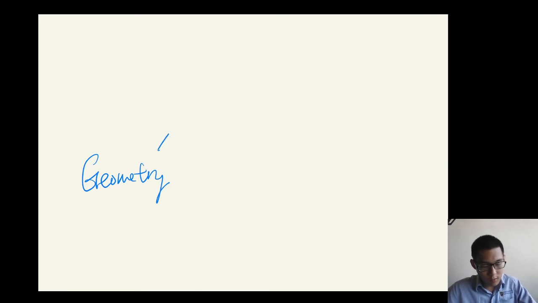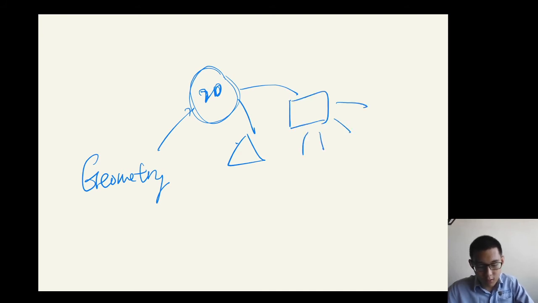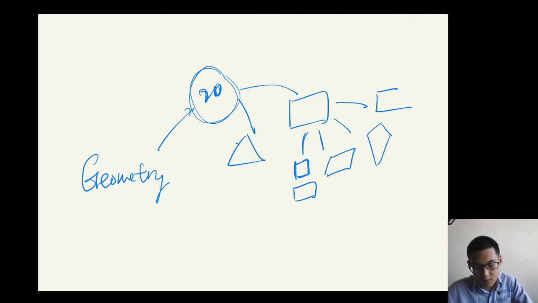So we have 2D shapes, right? So far what 2D shapes have you learned? We have a triangle, we have quadrilaterals: square, rectangle, and similar things, and then the parallelogram, the kite, and the last one is the trapezium.